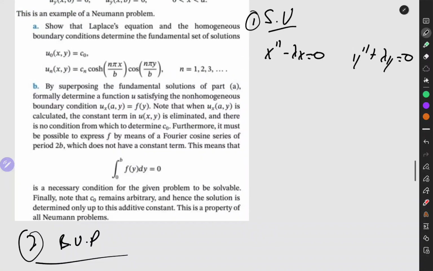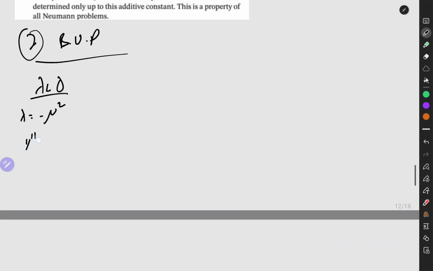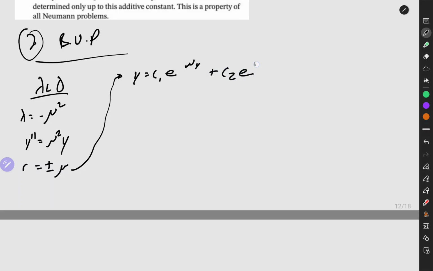What's the formula here? This is going to be y double prime equals positive mu squared y. Solve the characteristic equation. I'm just going to go ahead and take the square root. Right? This is all second order ODEs. y equals C1 e to the mu y plus C2 e to the negative mu y.